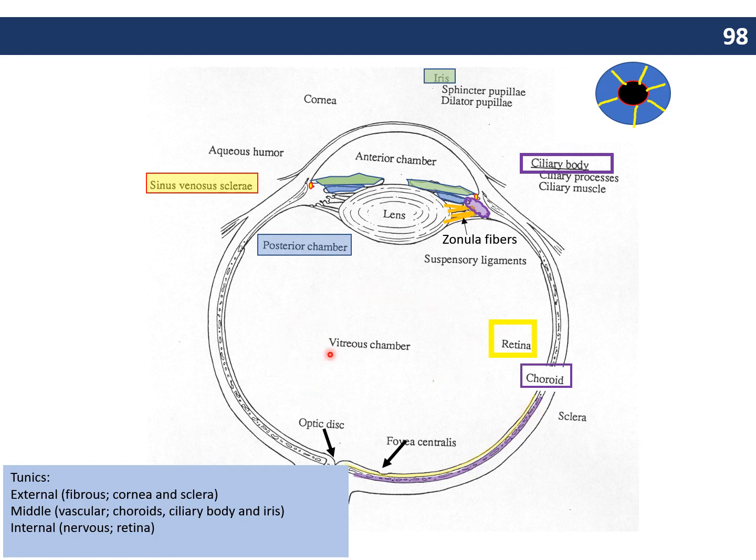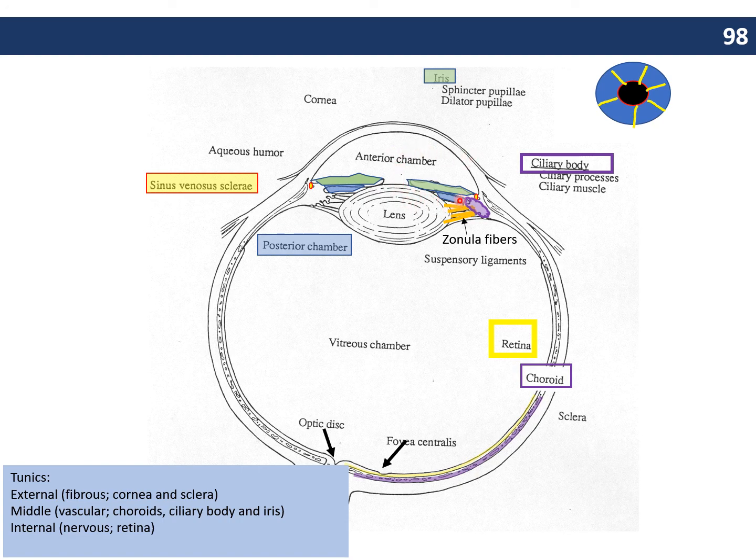The chamber here is the vitreous chamber. It's filled with this gel-like substance, the vitreous humor, and that is in contrast to the posterior chamber, which is shown in blue, and the anterior chamber, which contain aqueous humor.